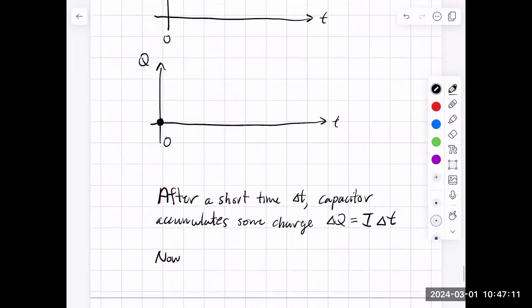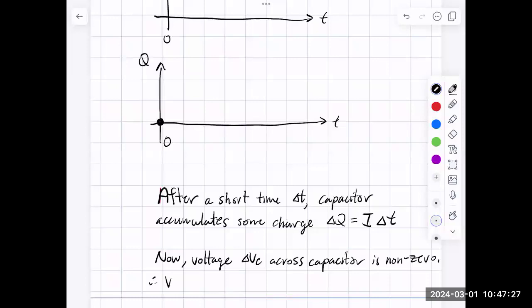So now the voltage delta VC across the capacitor is non-zero. So therefore, the voltage across the resistor and the current decrease.